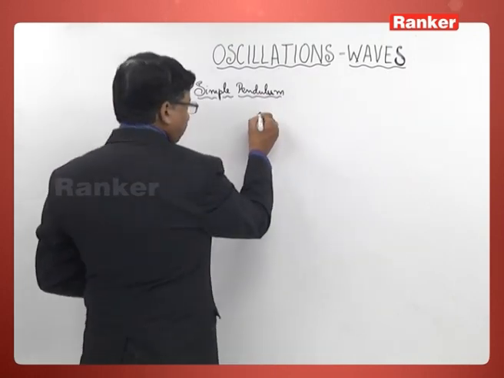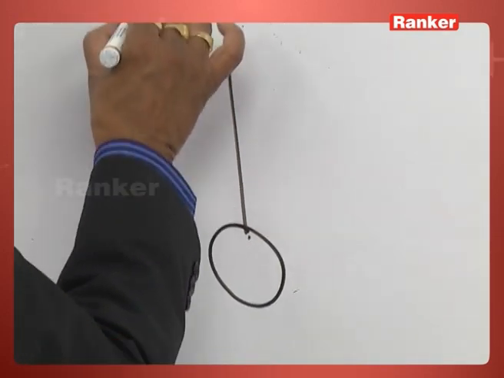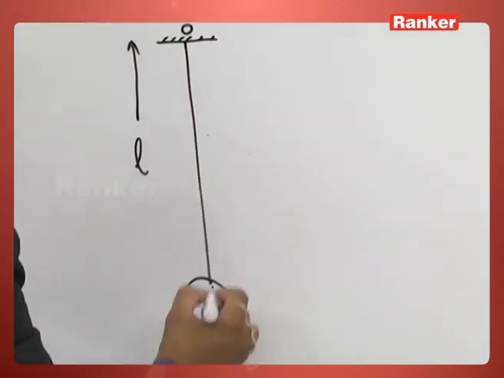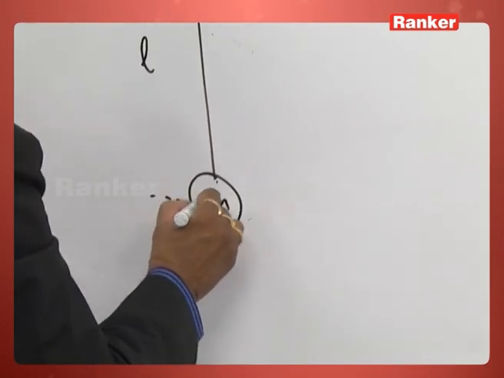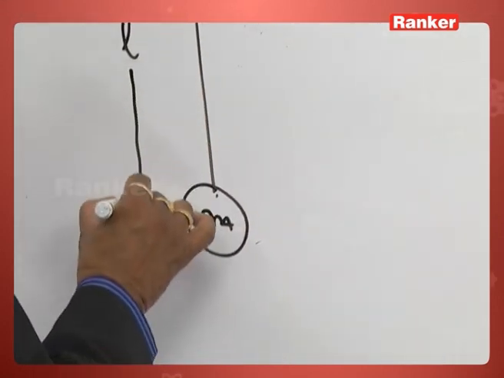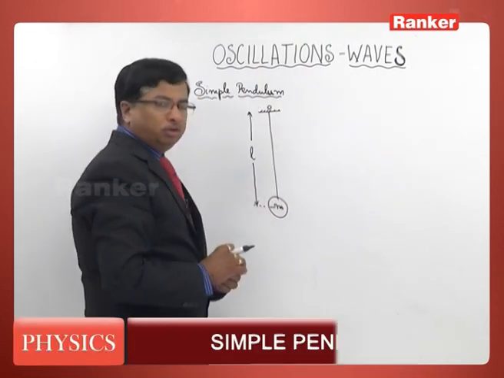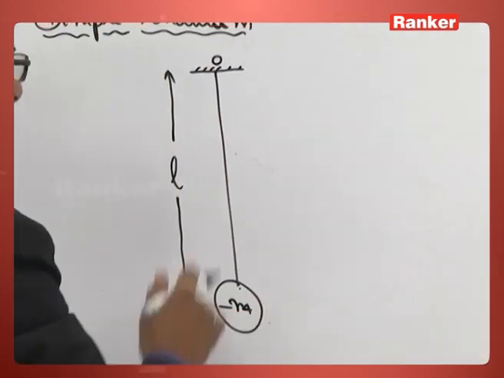When we consider a simple pendulum of length L, which is suspended from a point O and of course having mass m, you can all understand well that length is measured from the point of suspension to the center of mass of the bob. Now this is the simple pendulum.